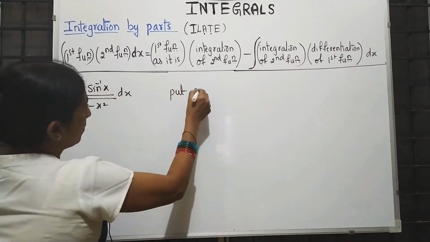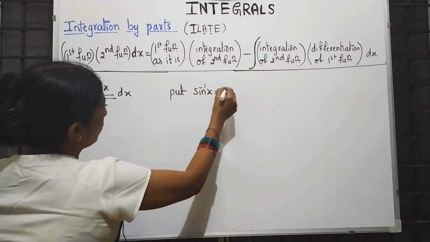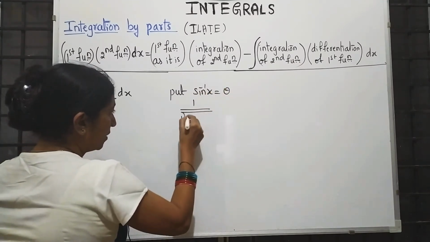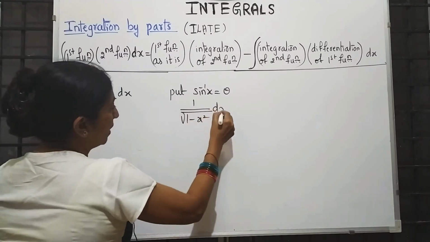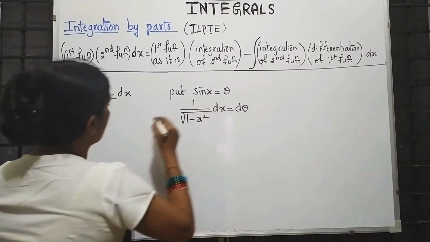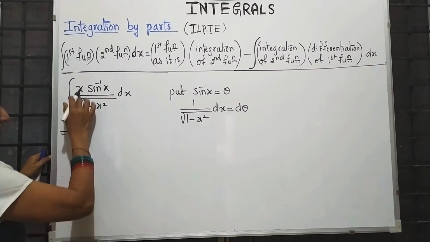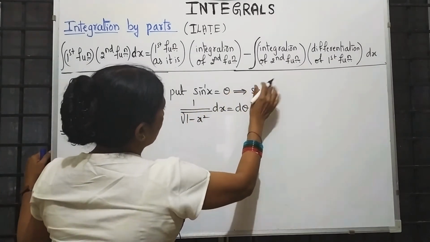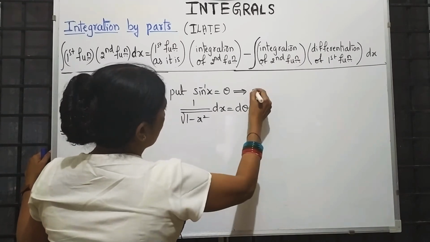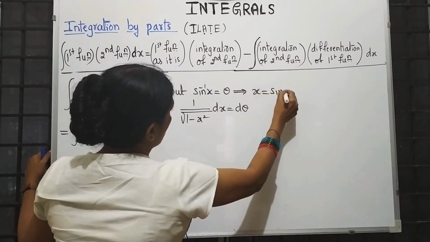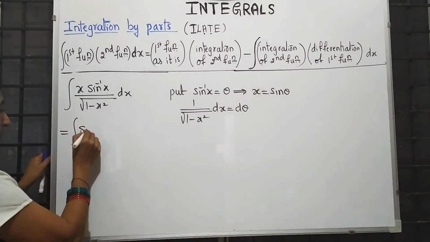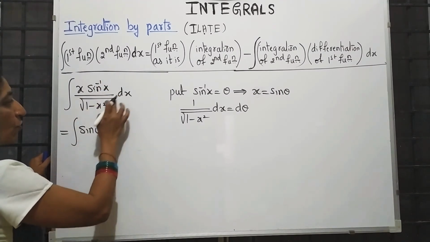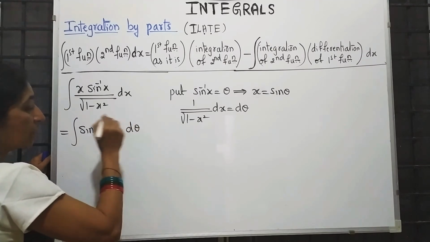Here put sin inverse x equal to theta. Differentiation of sin inverse x is 1 upon root 1 minus x square into dx, which is d theta. See what x is? X is sin theta. X is equal to sin theta. Sin inverse x is theta. 1 upon root 1 minus x square into dx is d theta.